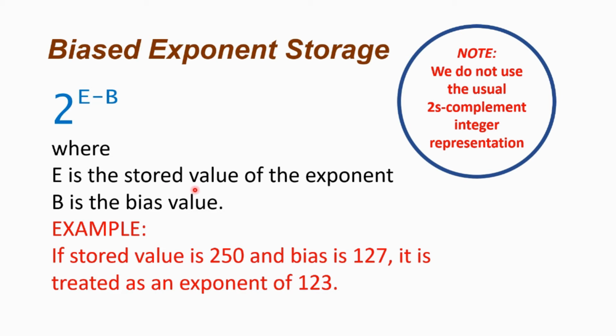What is e? E is the stored value of the exponent, that is, the exponent considered as an unsigned integer, and b is the bias value. So from the stored value e, as an unsigned integer, we subtract b. For example, if the stored value is 250 as an unsigned integer, and the bias is 127, the actual exponent for that value is 250 minus 127, that is 123.